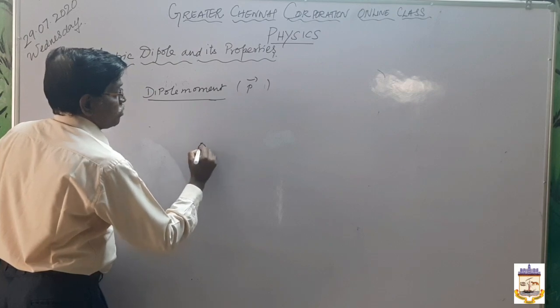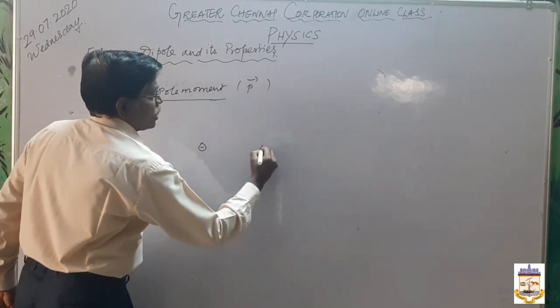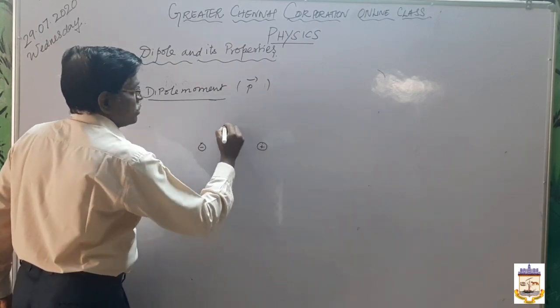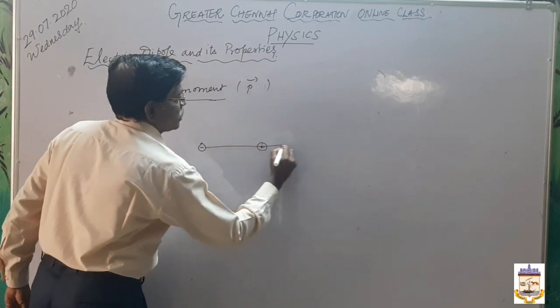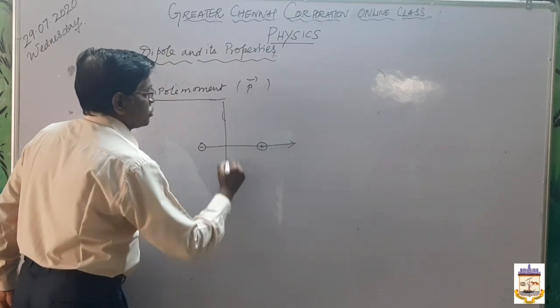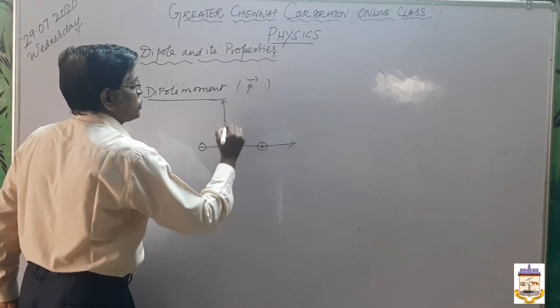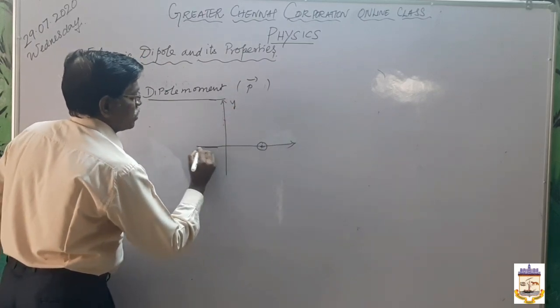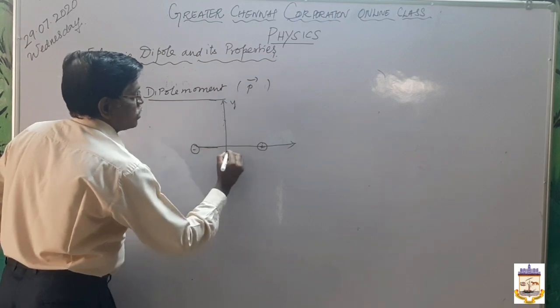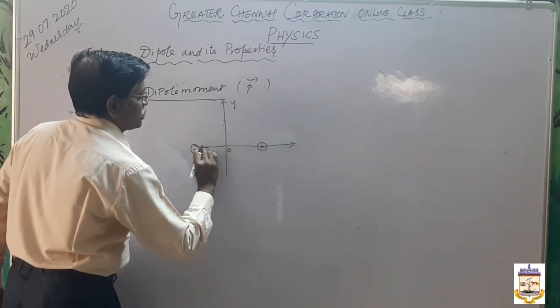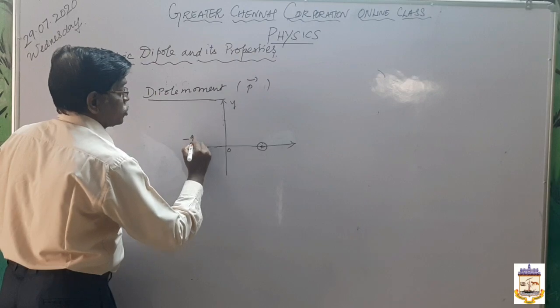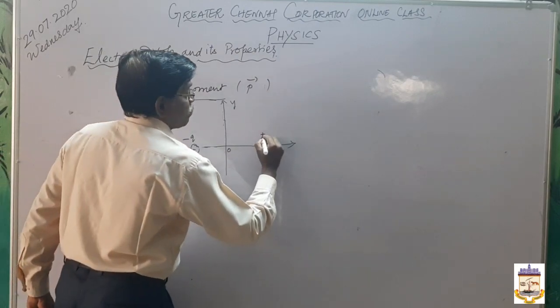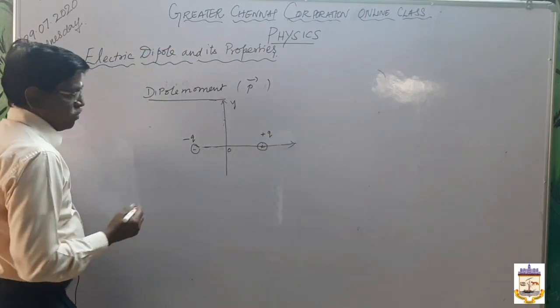Now consider this: this is a charge minus, this is a charge plus, this is the x-axis, this is the y-axis, this is the origin. This is minus q, this is plus q, of equal magnitude.